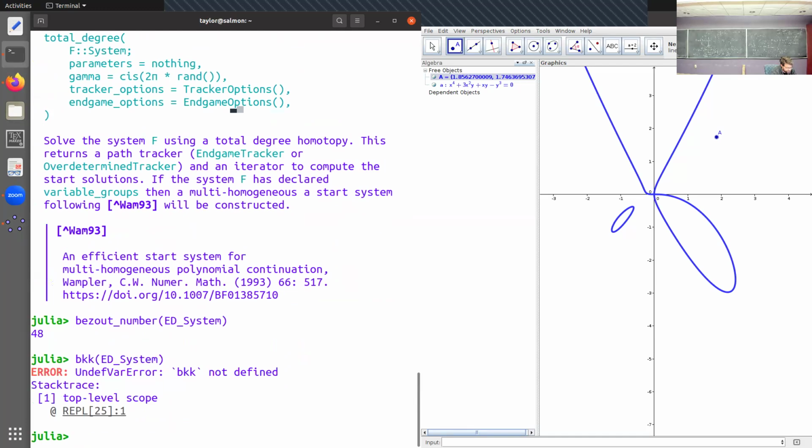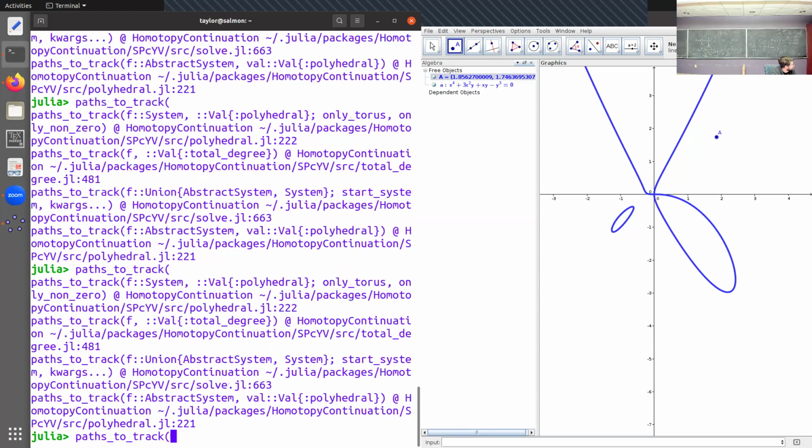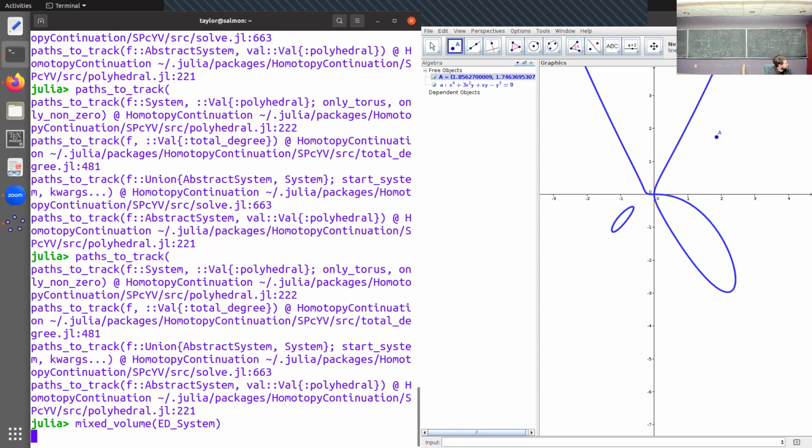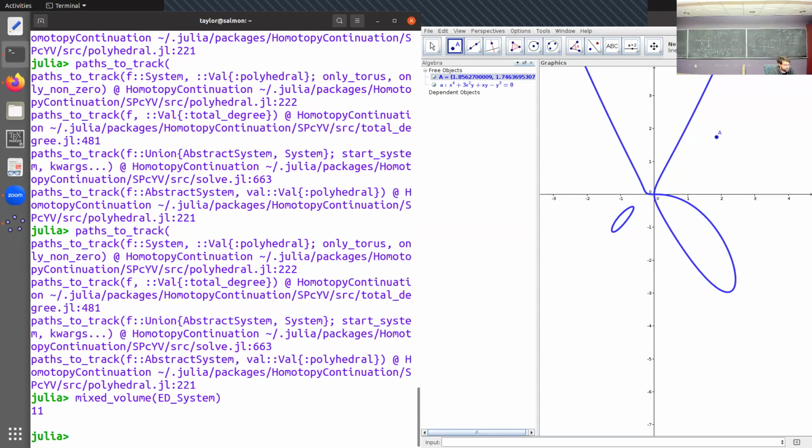Will that work? No. It's the volume. They will construct a start system if it is not working.